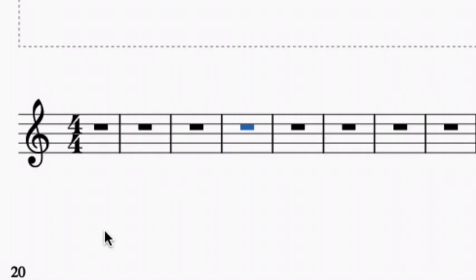I want to do something besides A minor, so let's do F sharp harmonic minor. F sharp up a minor third is A, and A major has 3 sharps, so let's grab this key signature.